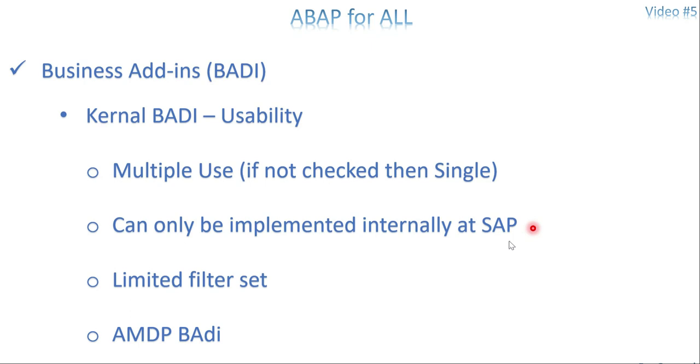And limited filter set: there is some enhancement in the filter dependent option also. They changed the name to limited filter set. So you can have only one filter, and only the assignment operator can be used, none other than the assignment operator. So a few restrictions apply in the limited filter set in the kernel BADI.